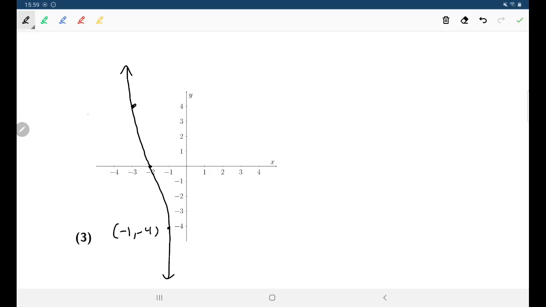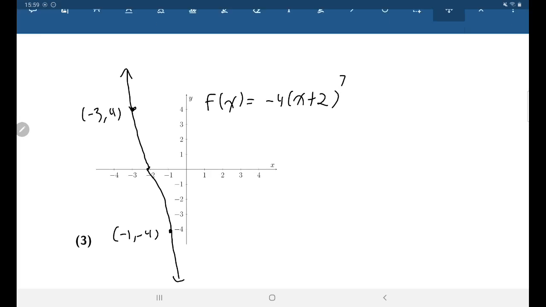And of course, the last thing for me to do is just to label my points. The only one that I don't need to label is the one that's at my tick mark on the x-axis. And there was our function f of x equals -4 times x plus 2, to the 7.